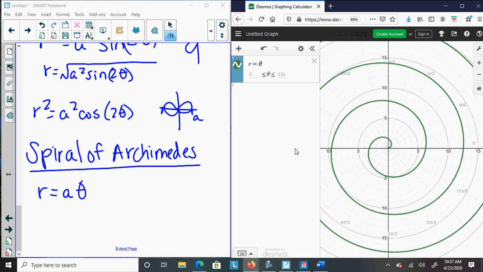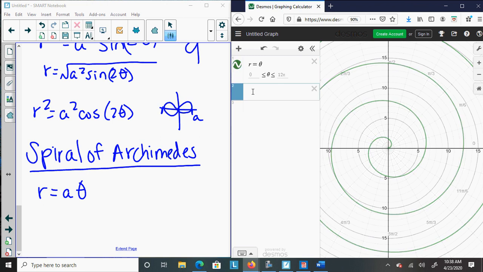R equals theta, and this one went from 0 to 12 pi. So as I'm going around the circle, my radius is the same length as what my angle measure would be, like in decimal form. So it's getting bigger and bigger. You think once you go around half the way around the circle, that's pi, which is 3.14, all the way around is 6.28 for 2 pi, etc., and it goes around in a spiral.